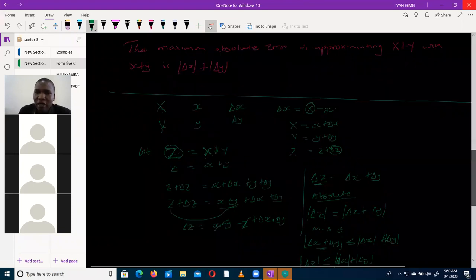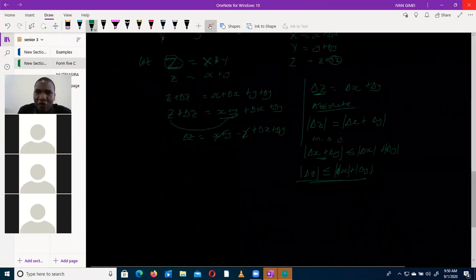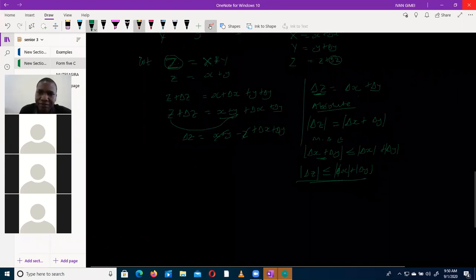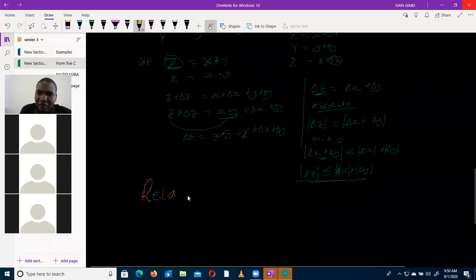Let's move on to another term. We found the maximum absolute error. What's the maximum relative error? Relative error. Let me ask you to find the relative error. How do we find that?